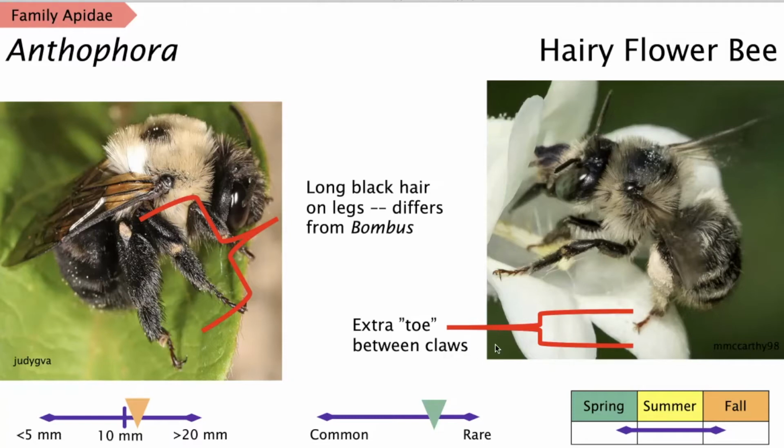Also, it has this extra toe between the claws, but this is really hard to see. So we have it as a distinguishing key, but I don't think it's that useful unless we have really high quality photos. I'm going to talk in a second about how you can avoid having to figure out if it has an extra toe.